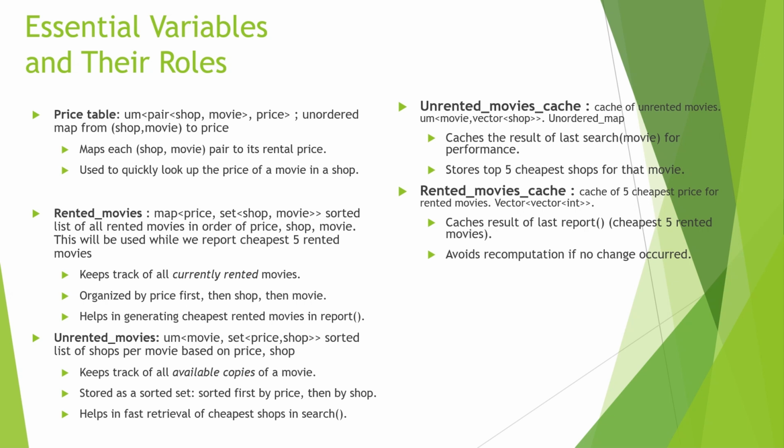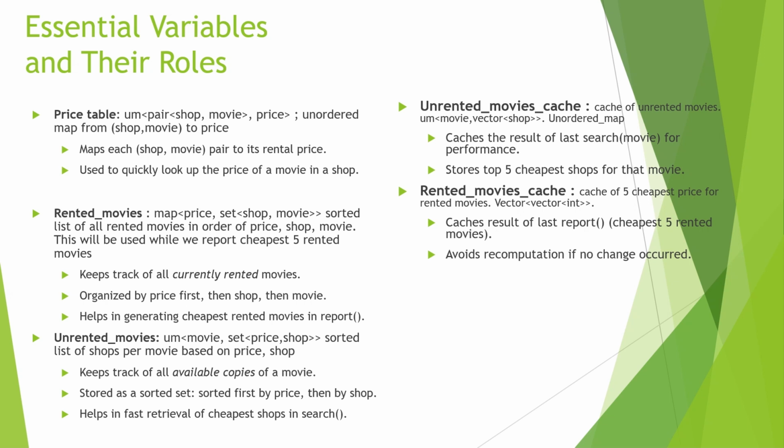The data structure would be an unordered map from a shop and movie pair to price, where the pair is nothing but shop and movie. This would be used to quickly know the price of a given movie in a given shop.